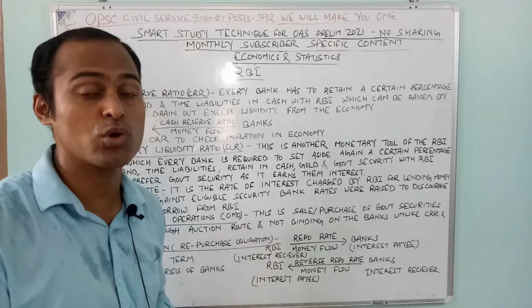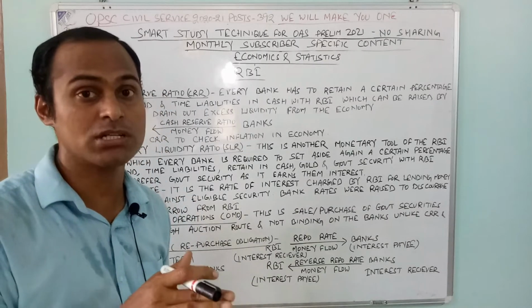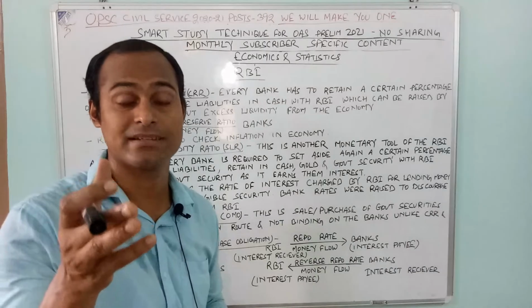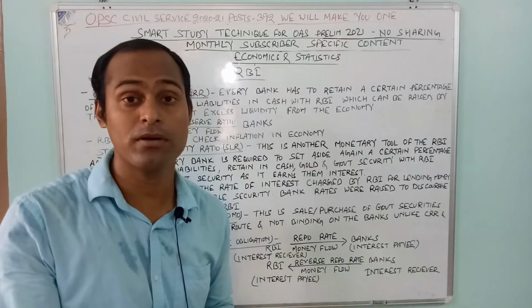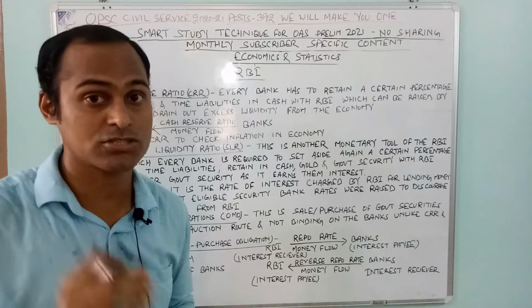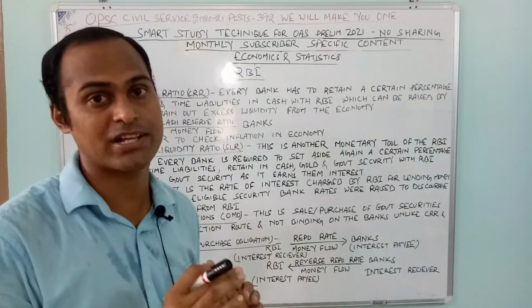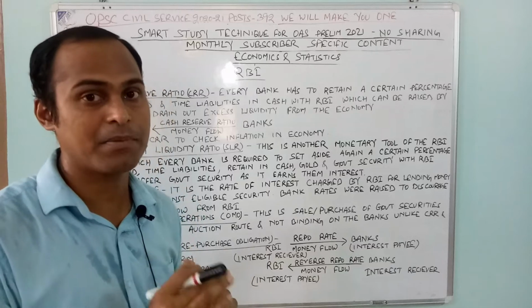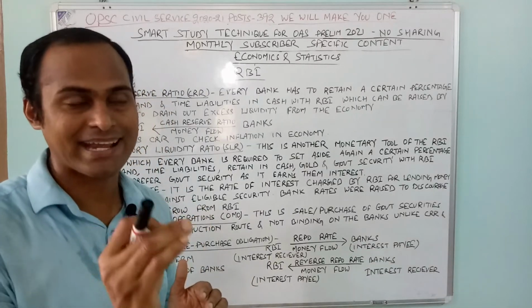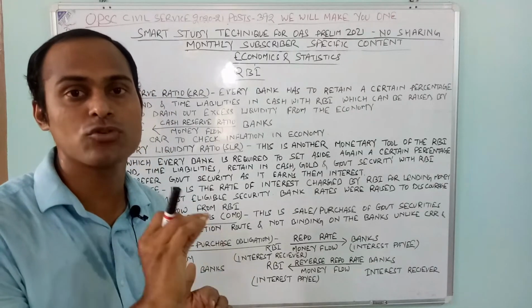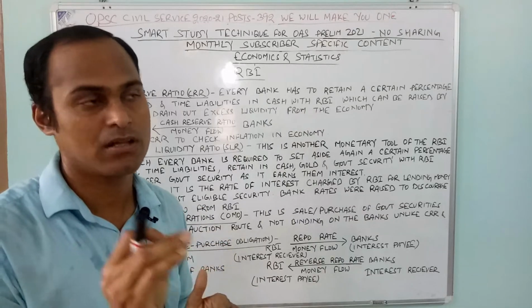So in order to control the economy, not only that, inflation also creates problems for each and every section of society. There should be a healthy balance of inflation, and a healthy balance means the range is somewhere between 3 to 5%. That is the range.